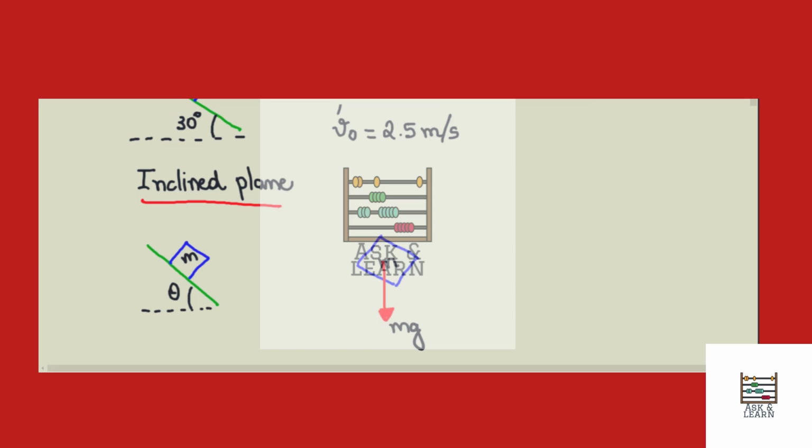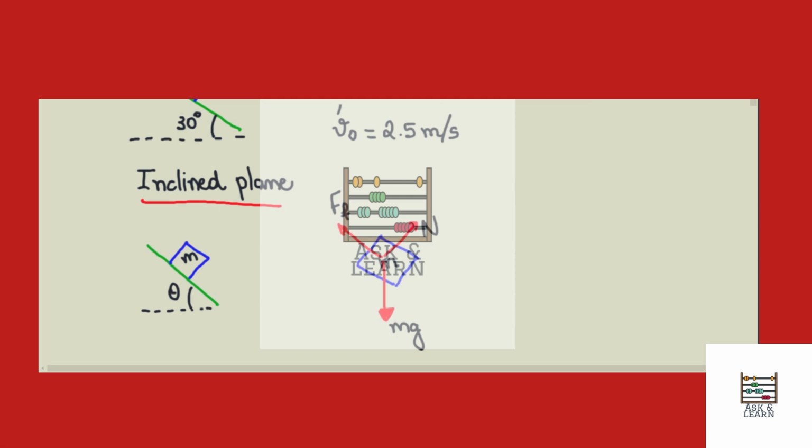There's a normal force that the surface exerts on the block that points perpendicularly to the surface. And there's also a friction force that points opposite to the direction of motion of the block. This is the friction force that I'm going to call Ff.